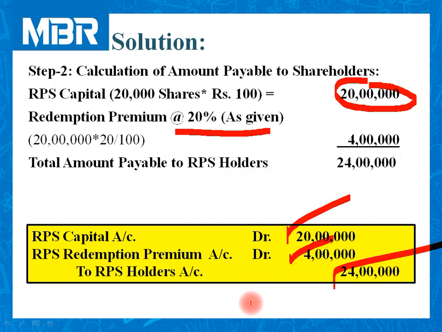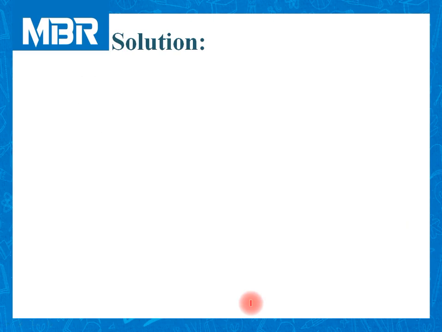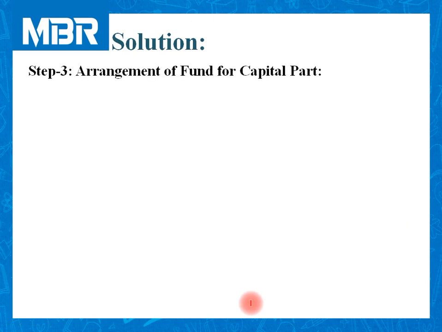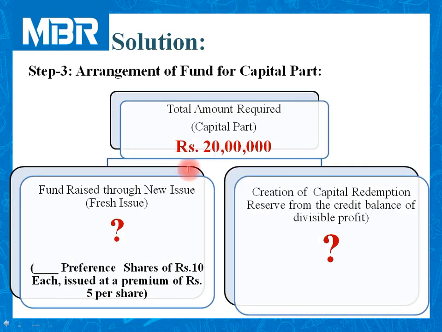With this, now it is time to enter into step number 3. Step number 3 is related to arrangement of the fund for capital part. As per our calculation in step number 2, we are in need of rupees 20 lakhs for capital part.